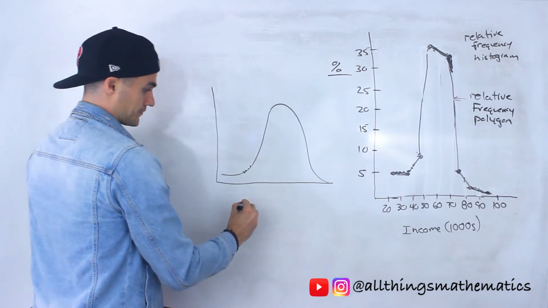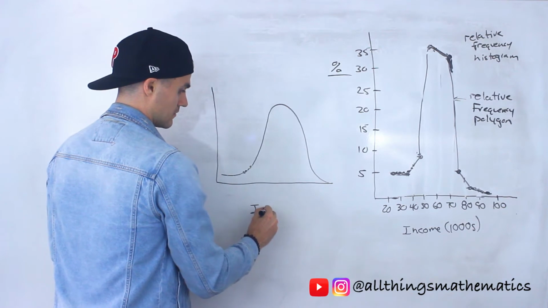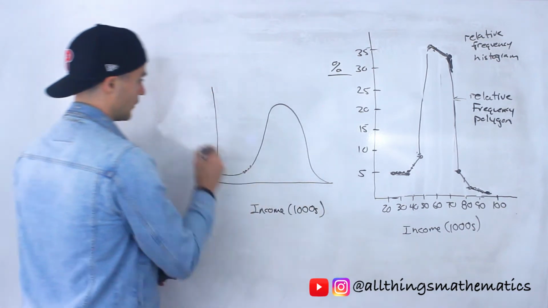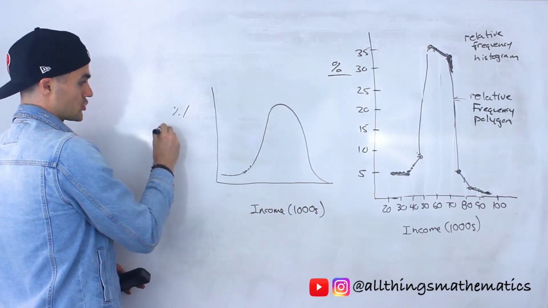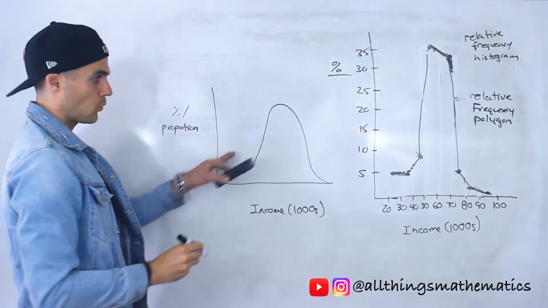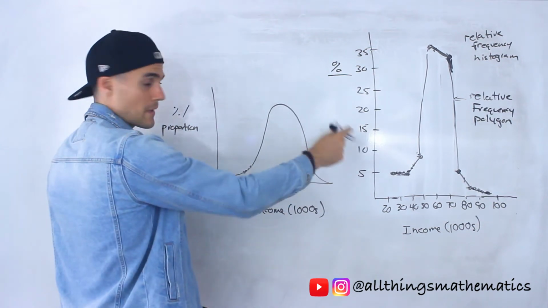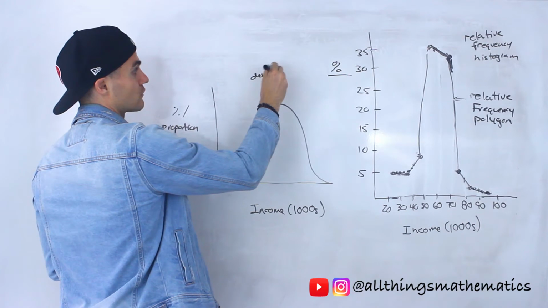And so if we pretend that here we have the income in thousands, and then over here we have the percentage or proportion if we had it in decimals, once it's very smooth like a curve without those sharp edges, this is actually called a density curve.